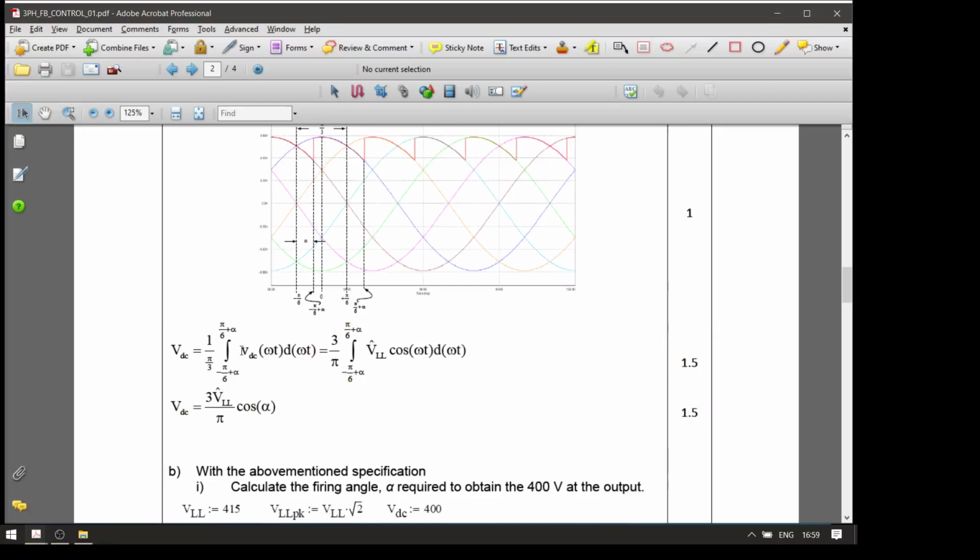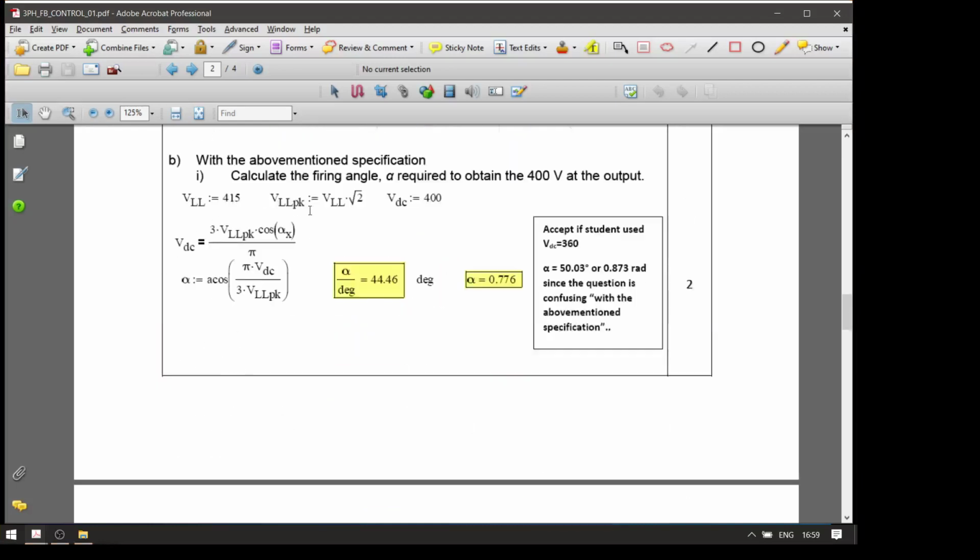Then for this, with the above mentioned specification, you calculate and then you get the alpha. In this case, the circuit is without the source inductance, so you get the equation here. So remember, VDC is 400 volt.